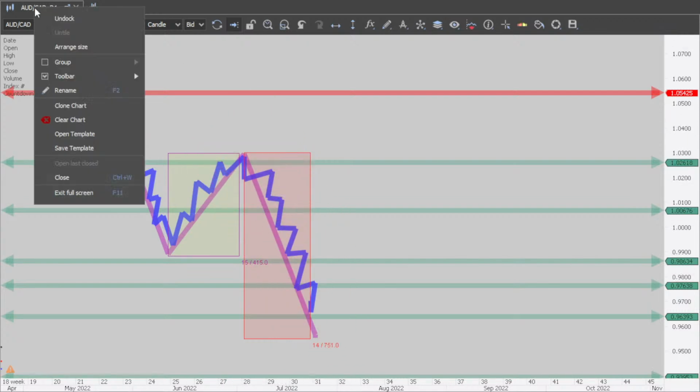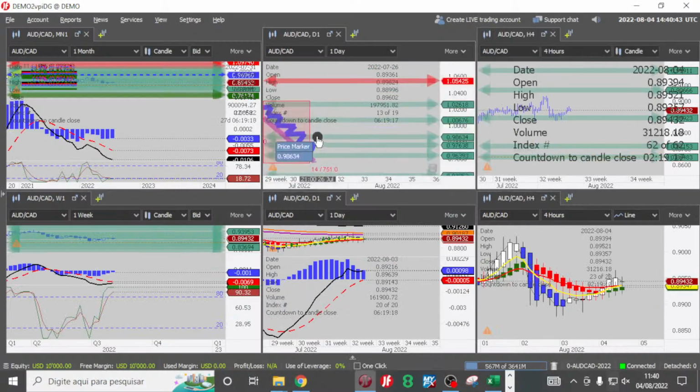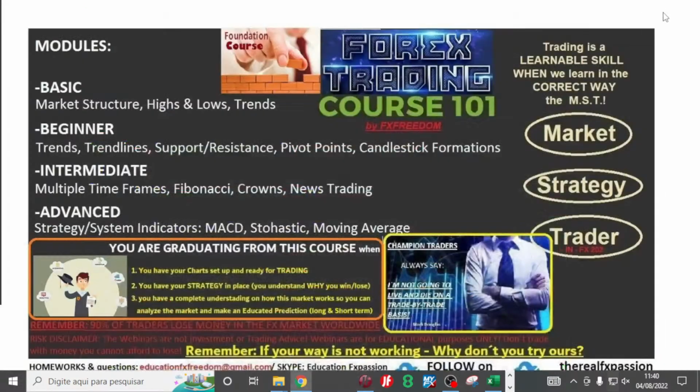There are only a few certainties in the market. This is one. Which one? The market must wave. It's a must. Okay, and this knowledge goes here. You have a complete understanding on how this market works.